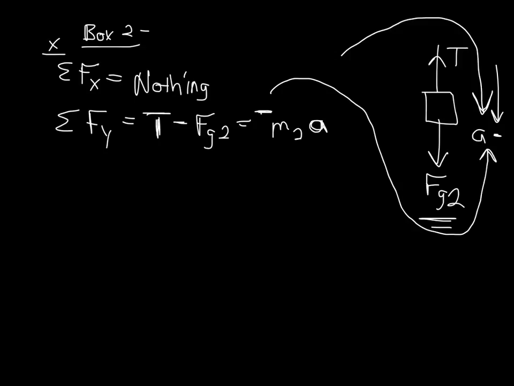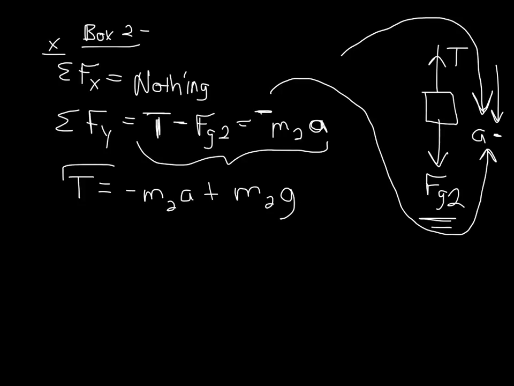Okay? So I can take this and I can solve this equation for the tension. So I can find that tension, T, is equal to negative m2 times a plus Fg2, which is m2 times g. Then I can take this tension equation and plug it into my acceleration equation.